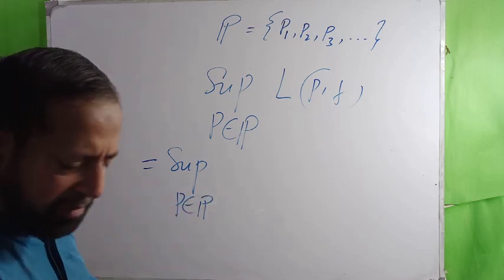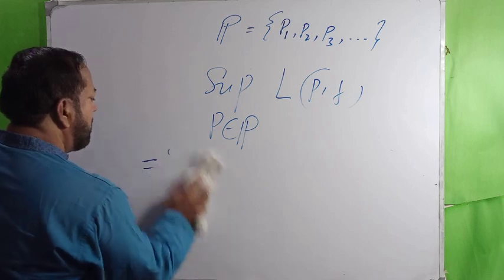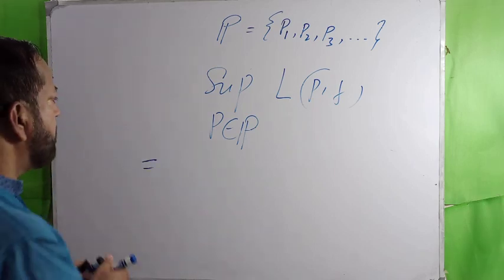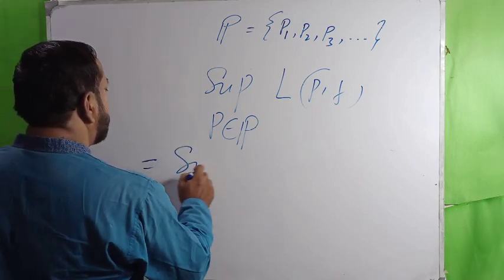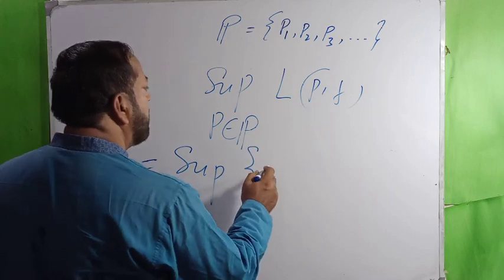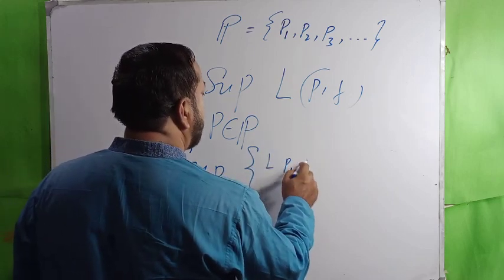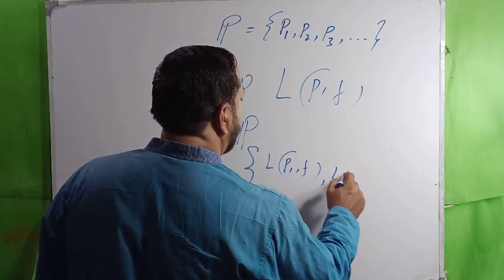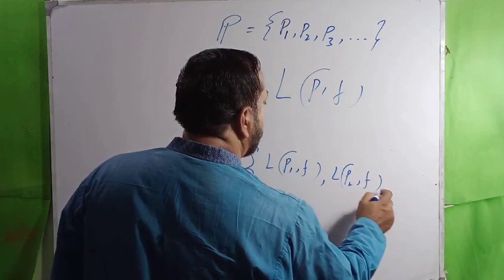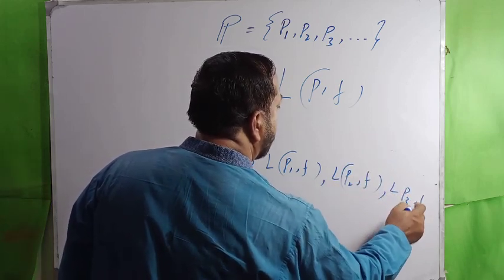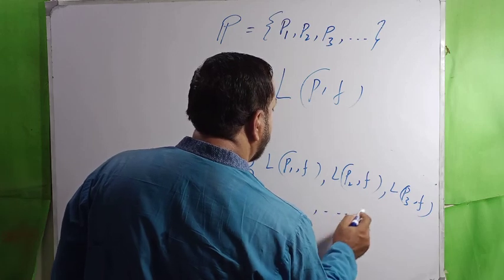If you write the complete set, it is the sup of the set L(P1,f), L(P2,f), L(P3,f), and so on.